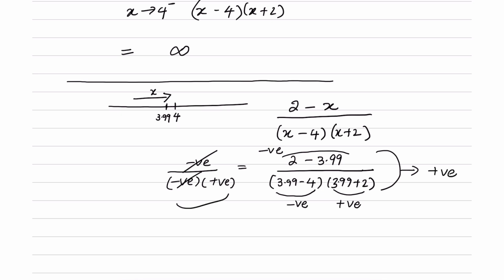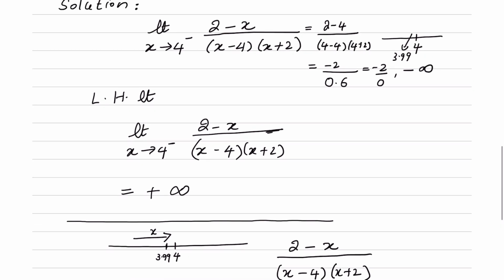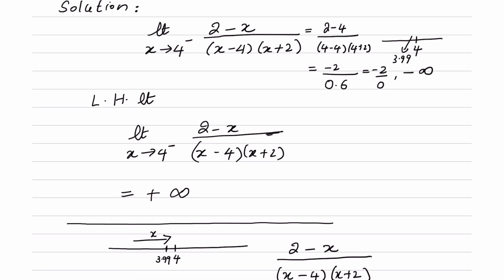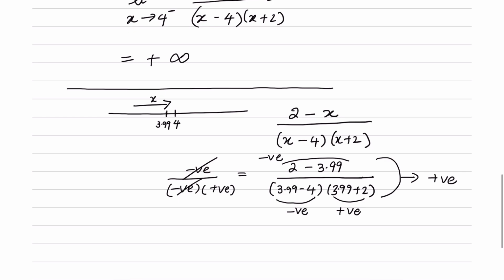So we'll go back up and put a plus sign with this infinity. So for this question, the limit as x approaches 4 minus, for the function (2 minus x) over (x minus 4)(x plus 2), is infinity. That's how we solve this question.